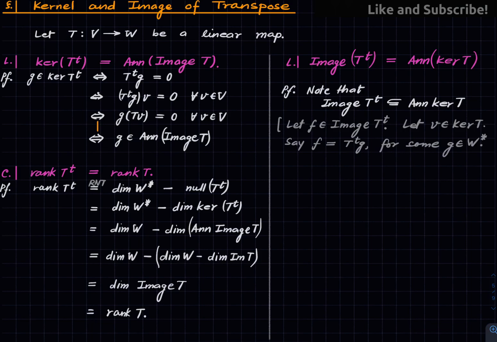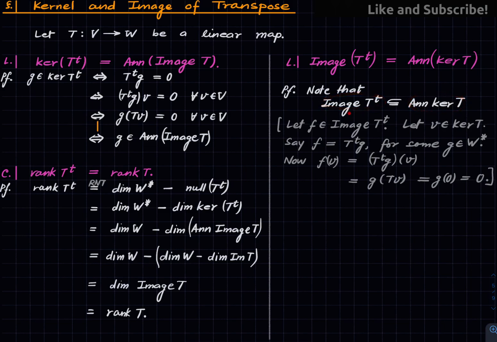And now f of v is T transpose G of v, which by definition of the transpose is equal to G of T of v. But since v is in the kernel of T, this is G of 0, which is 0. And that proves the containment. We have shown that this is contained there.